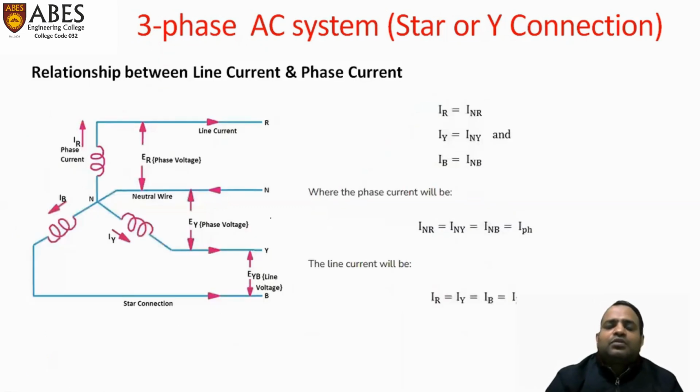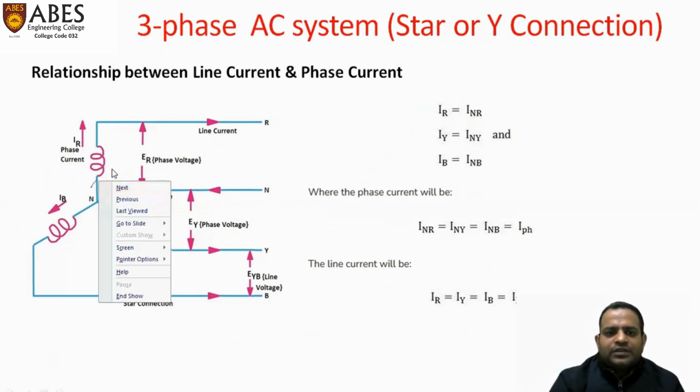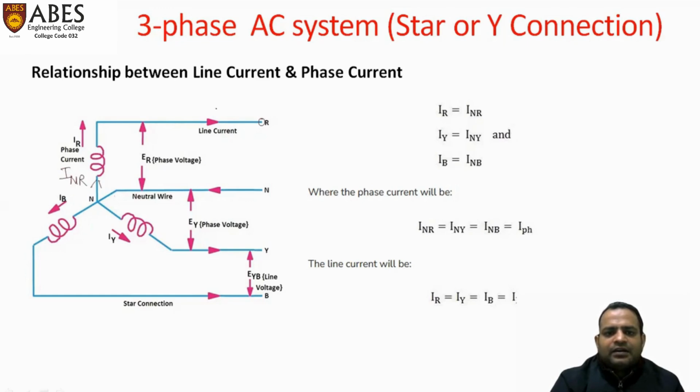Now we can discuss the relationship between line current and phase current. In the R phase, the current flowing from the neutral point to the end line, we can write as INR, and this current is IR.